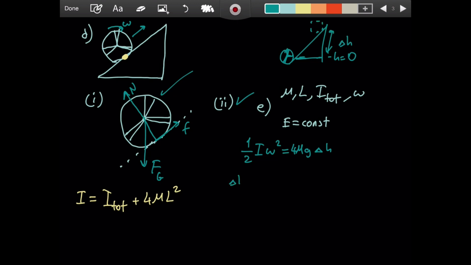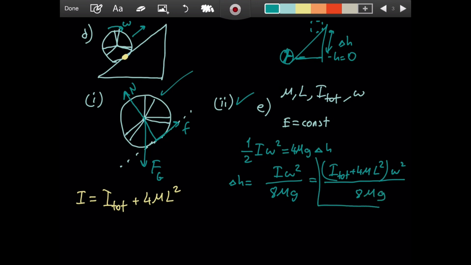We will solve for delta H. It is going to turn out to be I omega squared over 8mg, and we just found I. It is I total plus 4mL squared. Oops, excuse me, 4mL squared. Omega squared all over 8mg. And that is the final answer to the question, which was worth 3 points.